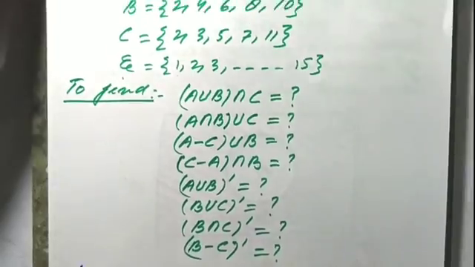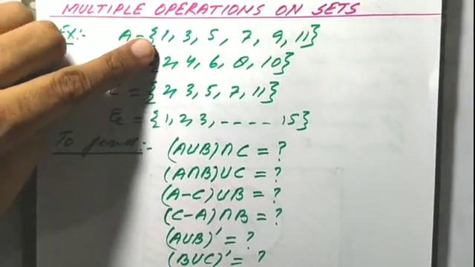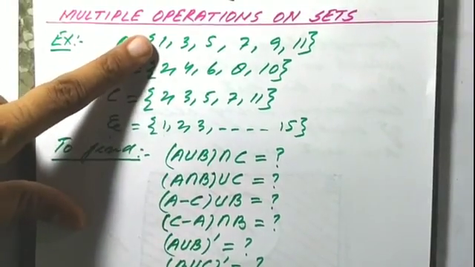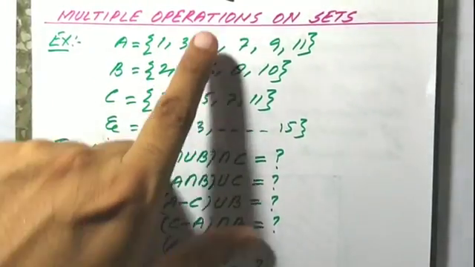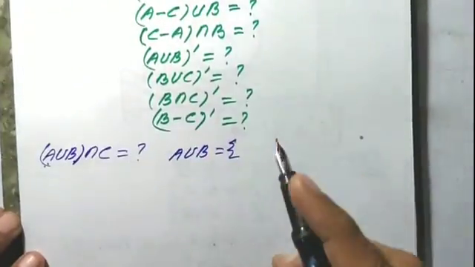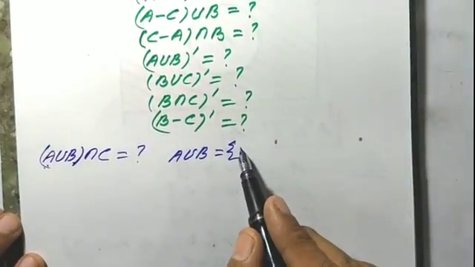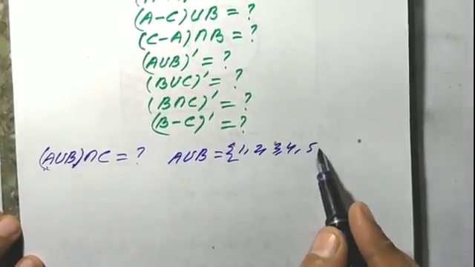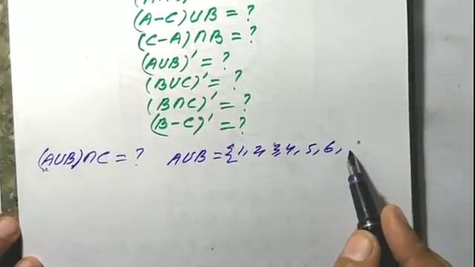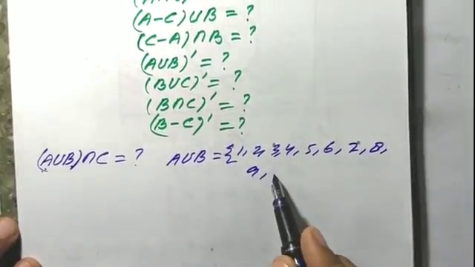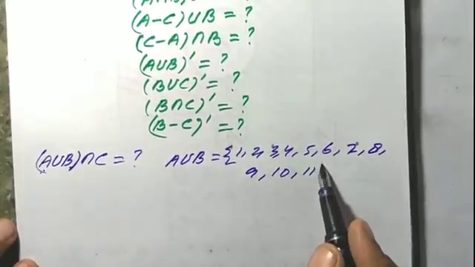There is no element common between A and B, so we take all the elements: 1, 2, 3, 4, 5, 6, 7, 8, 9, 10, 11. So this is the union of A and B.